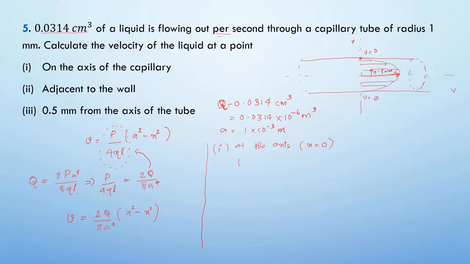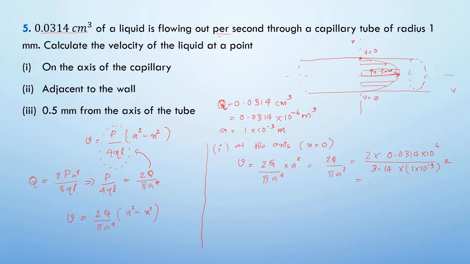When x is 0, v is 2Q divided by pi a to the power 4 into a square, so it is 2Q divided by pi a square. Let's substitute the values. 2 into Q, 0.0314 into 10 to the power negative 6, divided by pi 3.14 into a squared, that is 1 into 10 to the power negative 3 the whole squared.